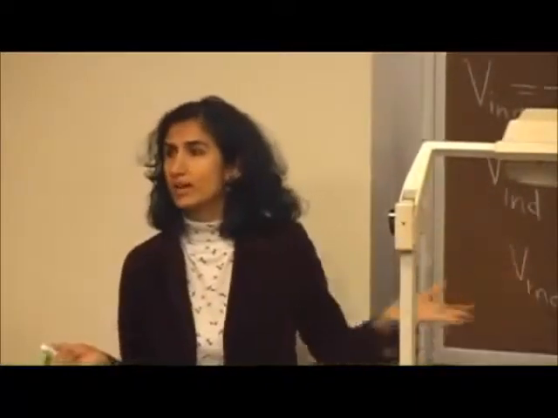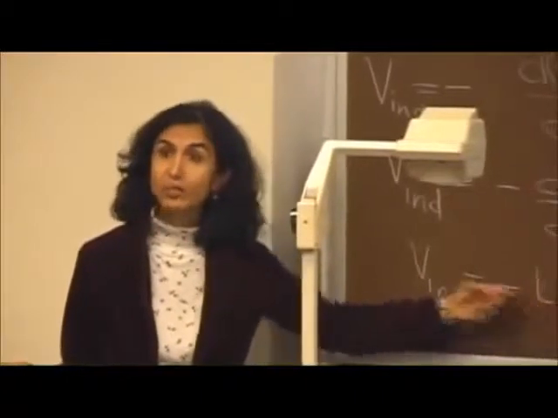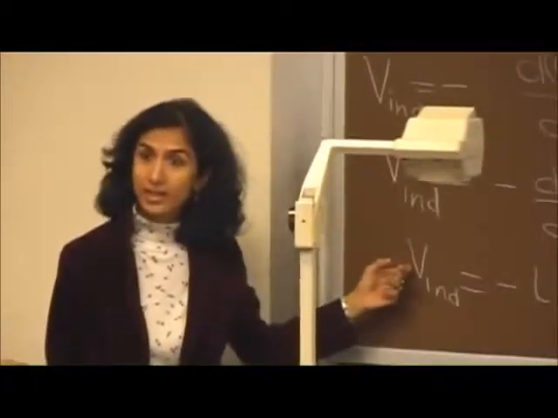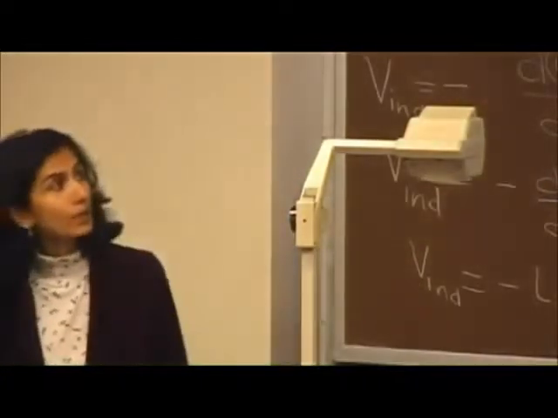Can we find the induced current in the circuit? Yeah. Once you know the induced EMF, the induced current will be just this divided by the resistance, wouldn't it? So do you see that it depends upon L? The larger the L, the more the induced EMF and induced current, right?